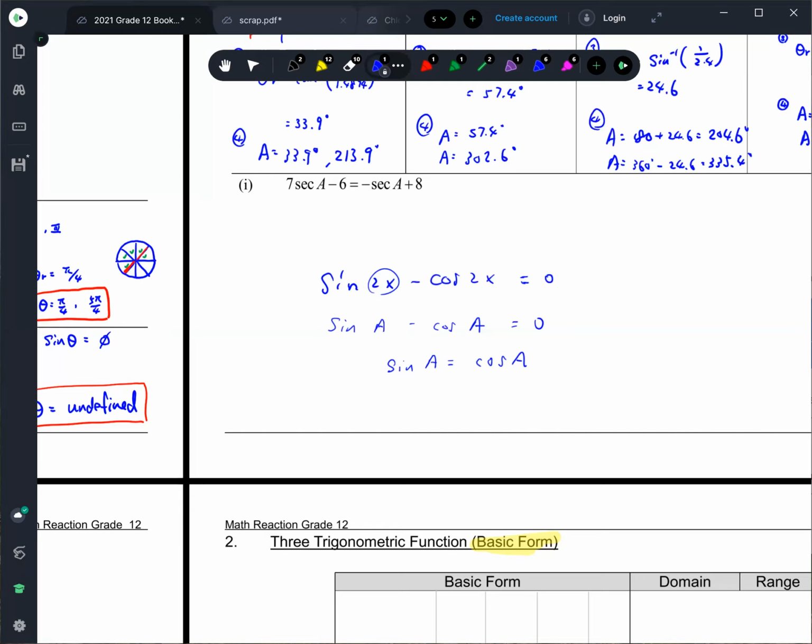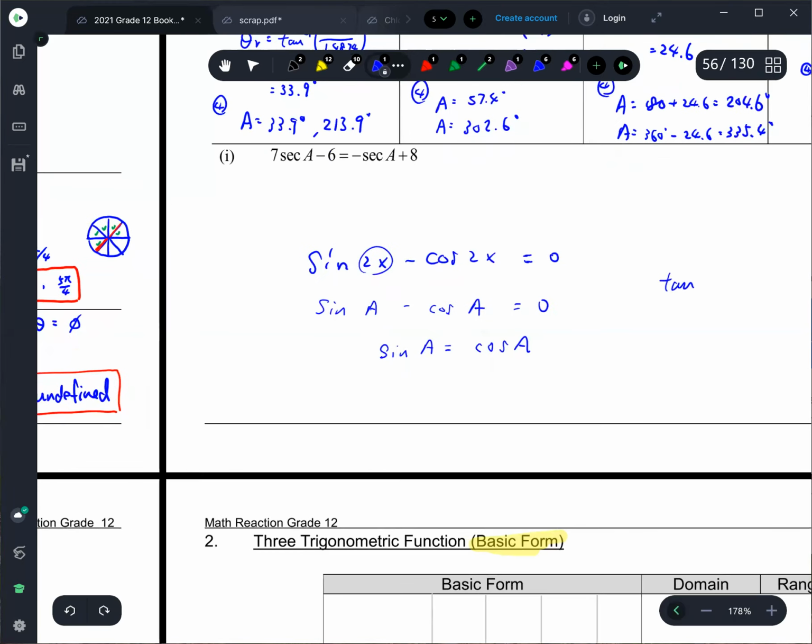The quotient for tan. Okay, what is it? Sine x over cosine x. Yeah, okay. So can I make sine over cosine from here? Divide both sides by cosine. Yeah, so if I do that, then you will get sine A over cosine A, right?